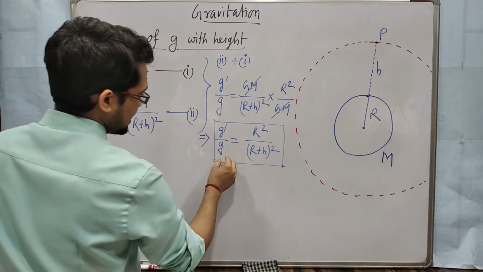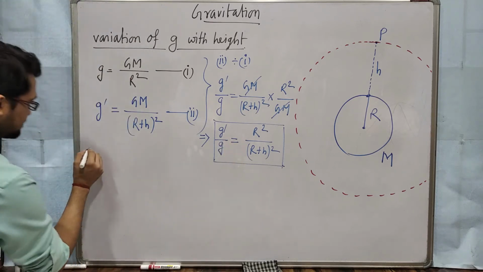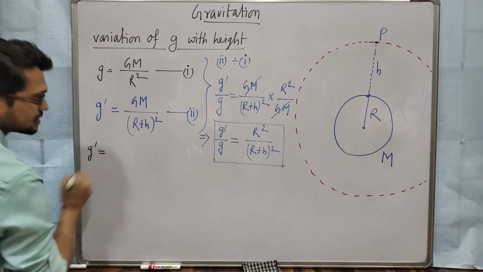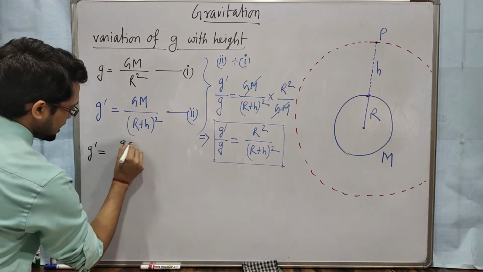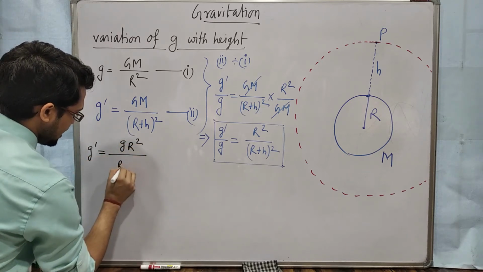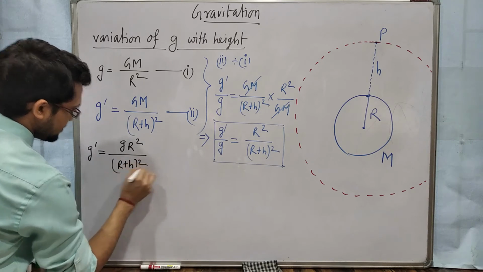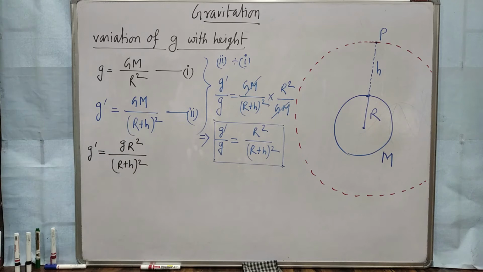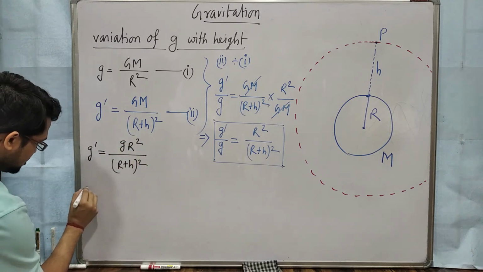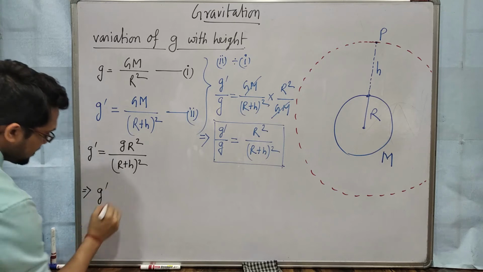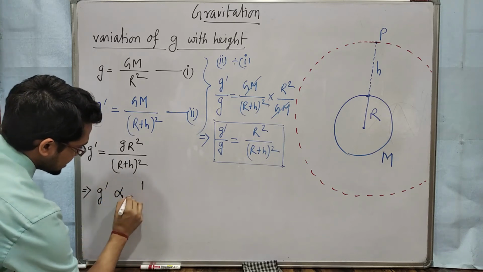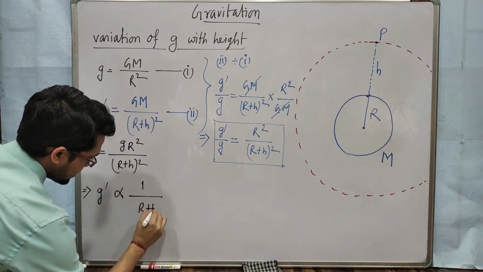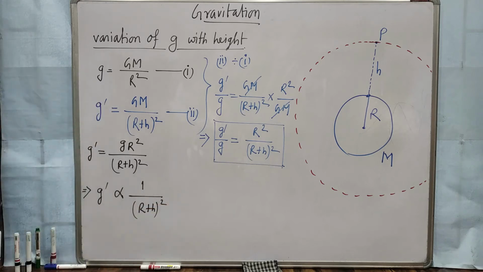Now look at this quantity. If we write g prime, then we will get g R square by (R plus h) square. Now g R square is constant. So g prime can be written as inversely proportional to the square of (R plus h).